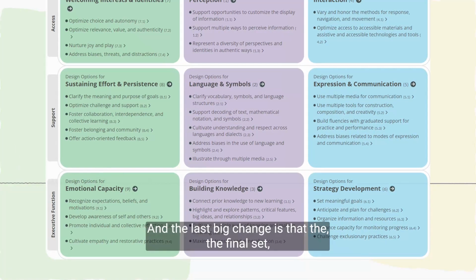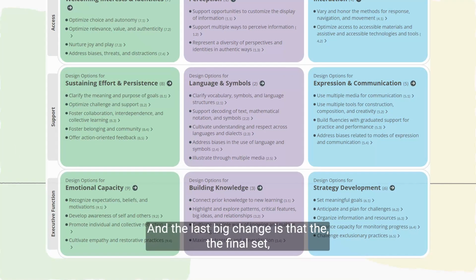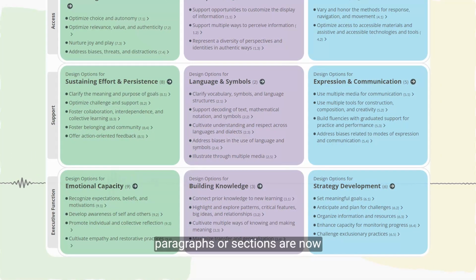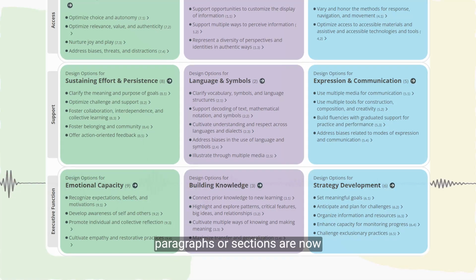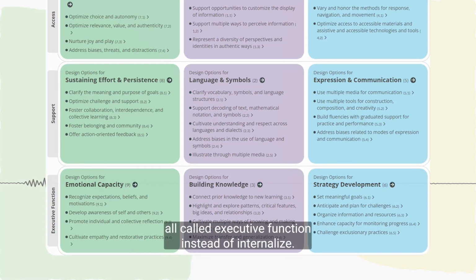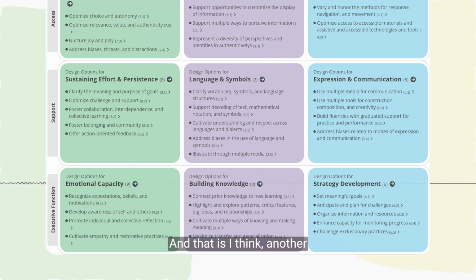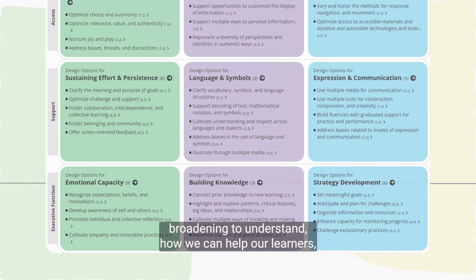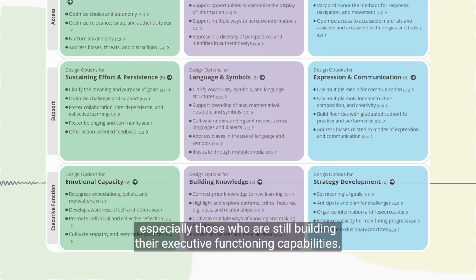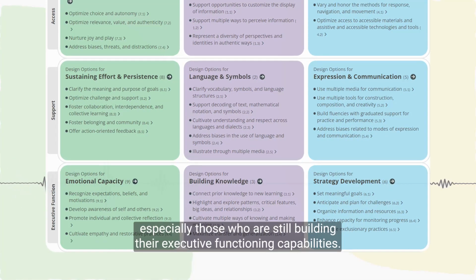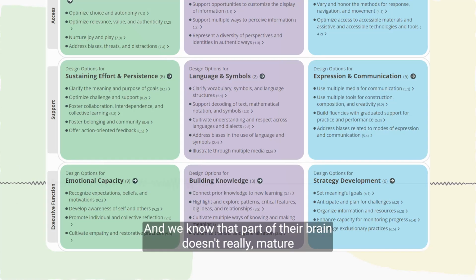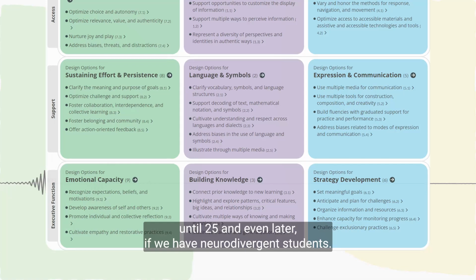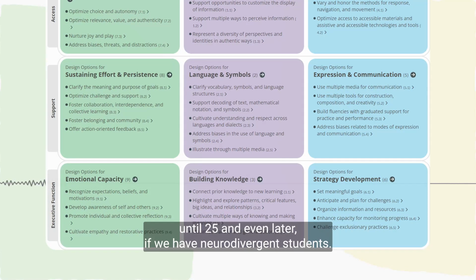And the last big change is that the final set, or the bottom part of the columns, the final three paragraphs or sections, are now all called executive function instead of internalize. And that is, I think, another broadening to understand how we can help our learners, especially those who are still building their executive functioning capabilities. And we know that part of the brain doesn't really mature until 25, and even later if we have neurodivergent students.